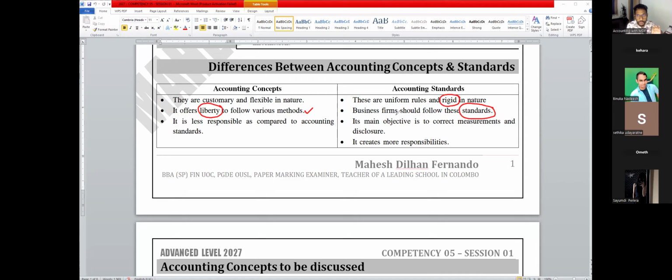The main objective of the accounting standards is to correct the measurements and disclosures. Concepts are developed to identify and measure, and standards are developed to correct any measurement and any disclosures. I think everybody can understand. And it creates more responsibilities.